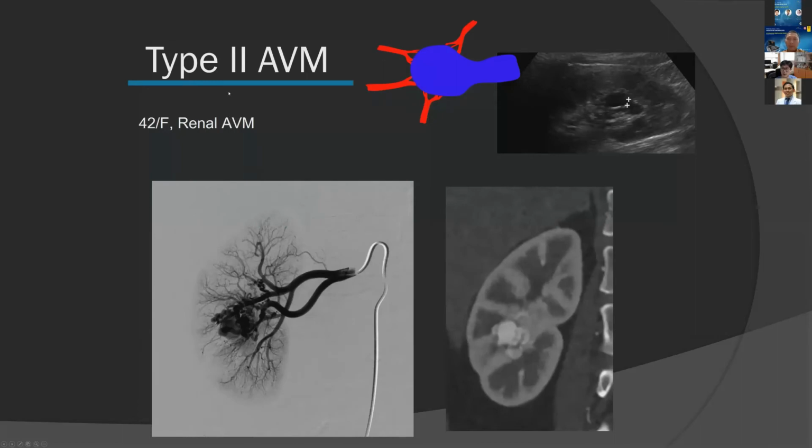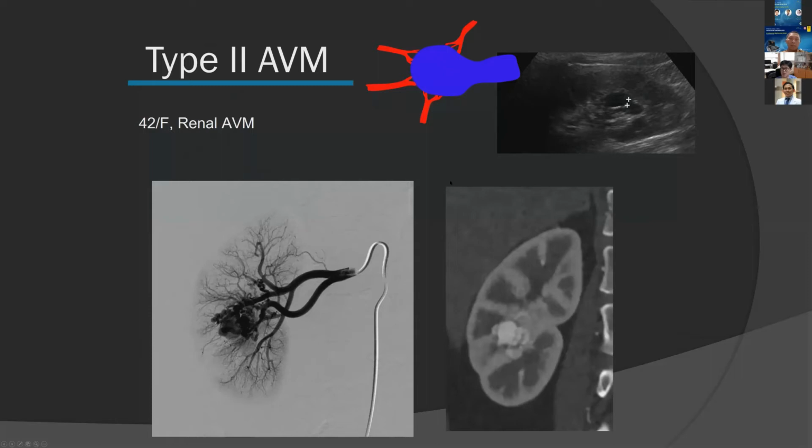This is another type 2 AVM. The patient has a renal AVM. You can see the numerous tortuous feeding arteries around the venous sac. This is the venous sac. On ultrasound image, the venous sac is directly connected with the large draining vein.